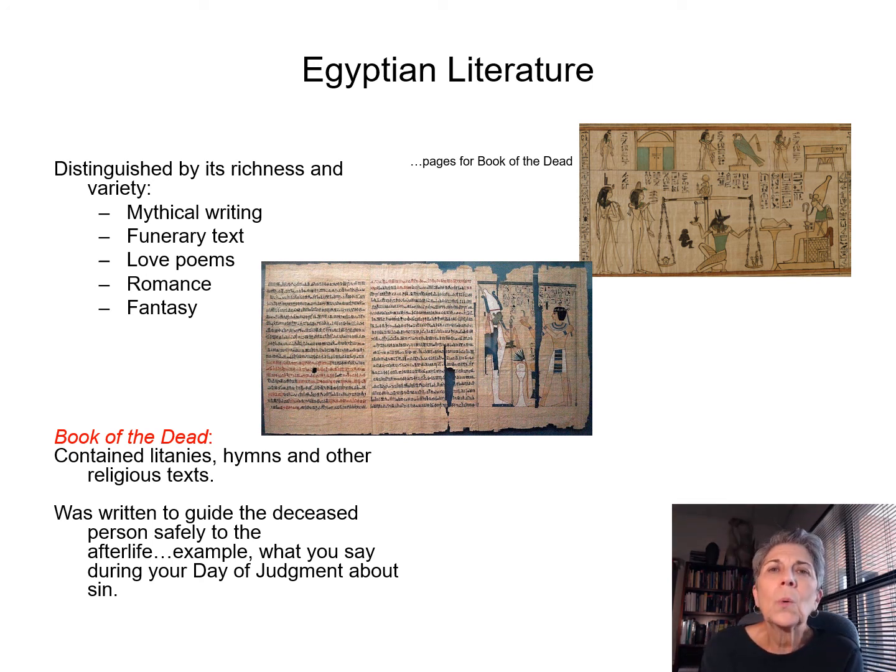Your soul, your heart, representing your soul, is weighed against the weight of a feather. And then there are certain hymns or incantations that you're supposed to know to say, and so you've got the Book of the Dead, and that tells you what to say.